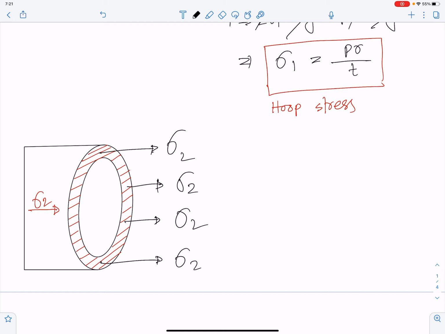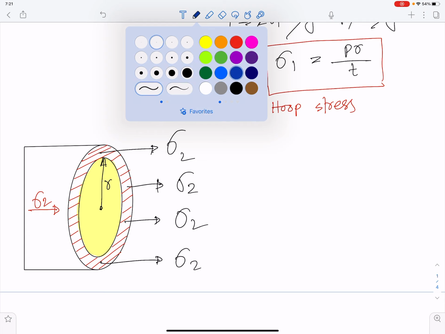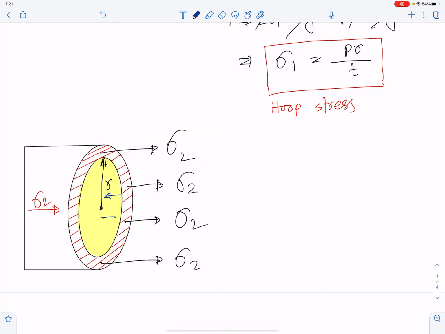And we should realize that this inner area, this section that has the radius of r, is also experiencing a pressure force perpendicular to this surface, which is P.